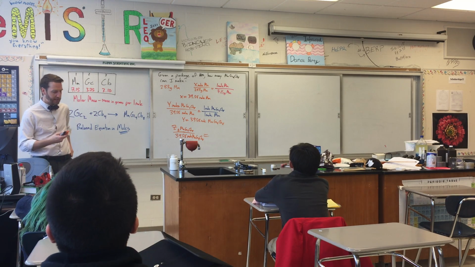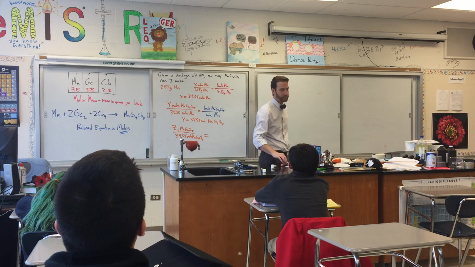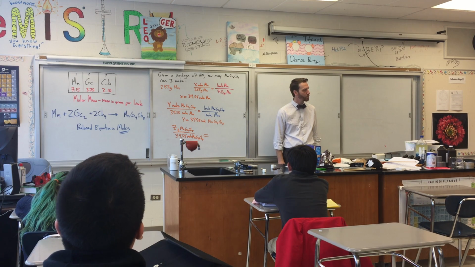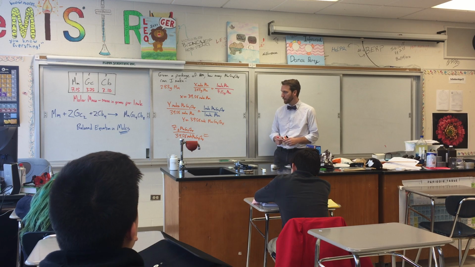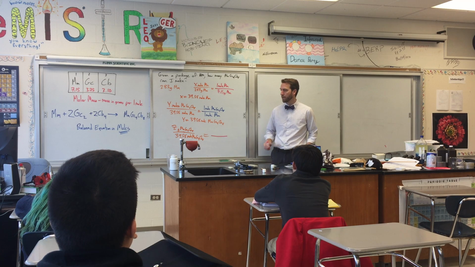Do we know anything about that proportion? When you put it over the number of grams of s'mores, wouldn't that just be the molar mass of the s'mores? 283? The molar mass of s'mores, 283 on the bottom.